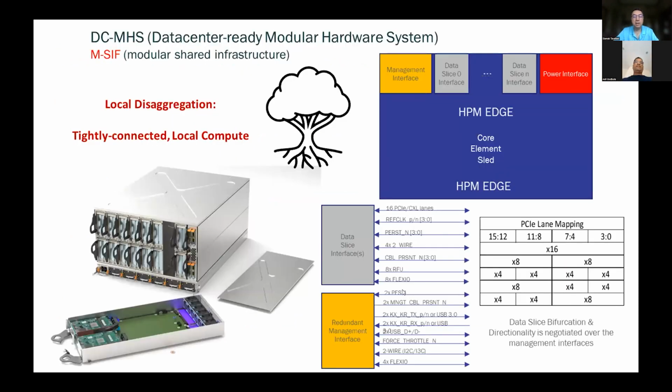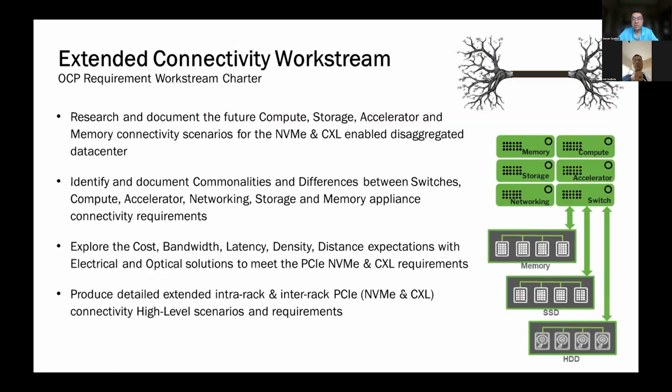The other sub-project of the server project is the DCMHS. They're working on mechanical structures and standardization of how modules fit together into a system. The extended connectivity work stream is responsible for defining requirements for chassis elements.